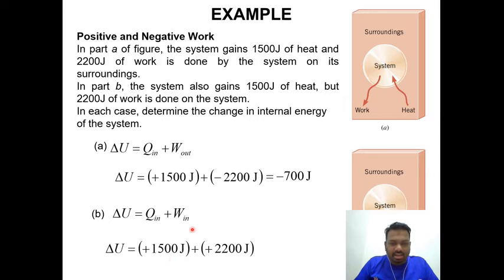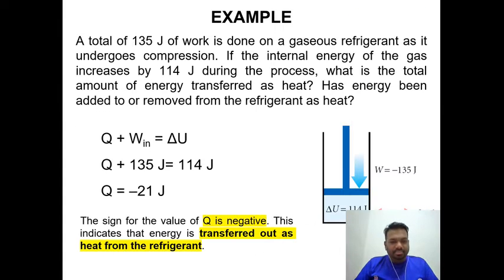Since both are in, you plus both: plus 1500 plus 2200. So the answer is plus 3700 joule, meaning 3700 joule of energy is entering the system. That's how the calculation is done.